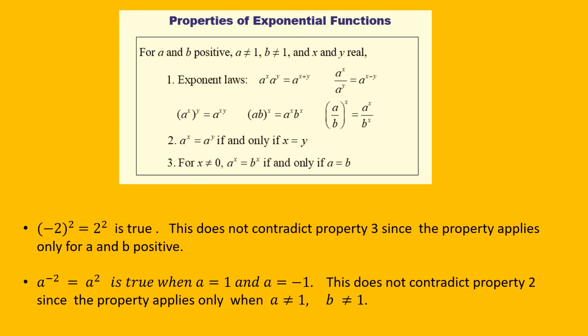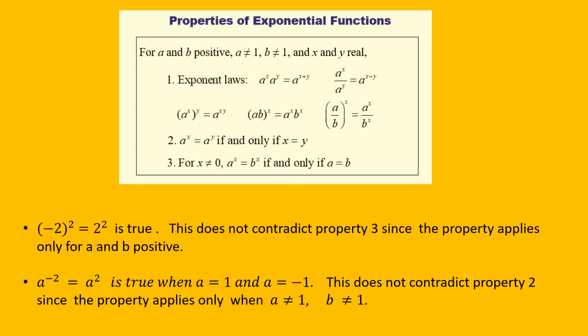Now suppose we have -2 whole squared, which is 4, and 2 squared is also 4, and we know that that is true. Now let us see whether this contradicts the given statement. In our property 3, we say that a raised to x would be equal to b raised to x only when a is b. Here our -2 raised to 2 is 2 raised to 2, whereas -2 is not equal to 2. Then will this contradict our property?